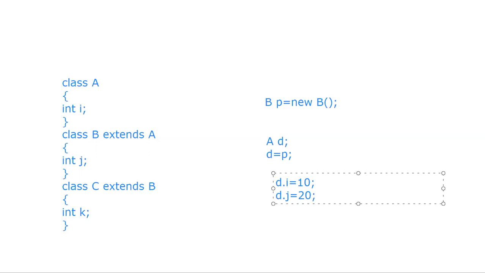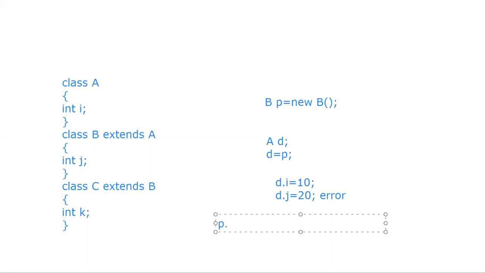This line gives an error since D is not aware of J. But when I write P.I equals 10 as well as P.J equals 20, both lines are valid statements since P is aware of I as well as J.